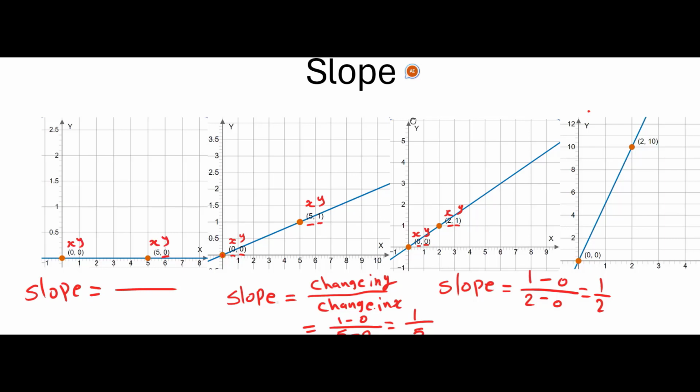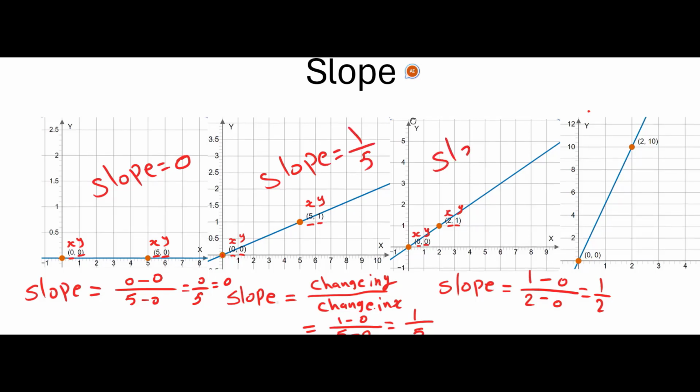It will be y minus y, 0 minus 0 over 5 minus 0, which is 0 over 5, equal 0. That's why here slope will be 0. Here slope is 1 over 5. Here slope is 1 over 2.